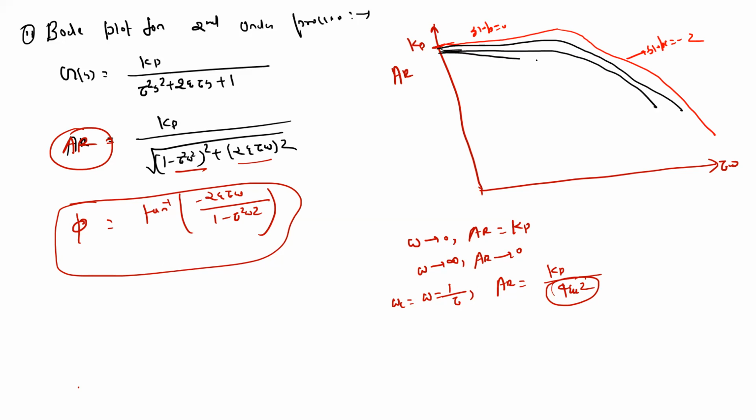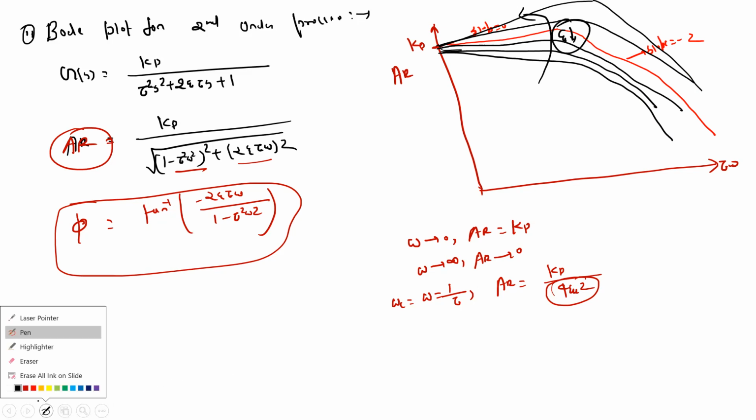All these things will start from the same point. So if I go from here to here, what will happen? Your zeta is decreasing. This will be the plot in terms of zeta. Here zeta will be equal to 1.